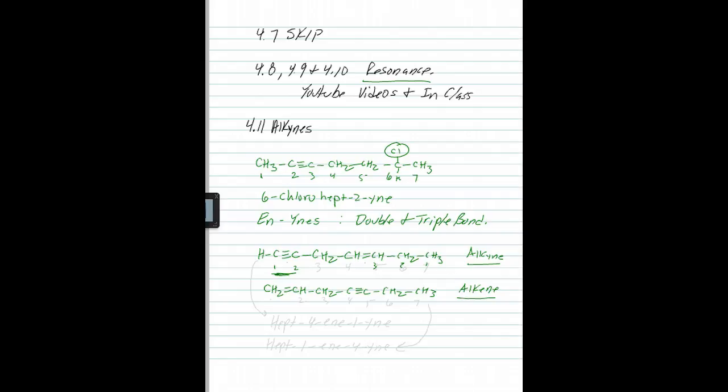This is numbered 1, 2, 3, 4, 5, 6, 7. At the top case, 1, 2, 3, 4, 5, 6, 7. So the name of this is going to be hept. Now it's an enyne, so you have to name it alphabetically. So it's hept-4-en-1-yne.